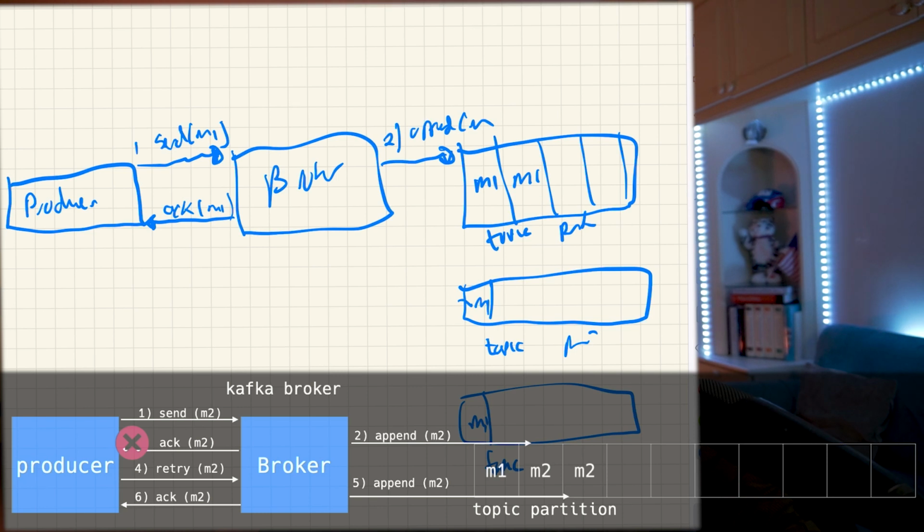In this scenario, we are sending a message M2 from the producer onto the broker. M2 gets appended after M1. For whatever reason, that acknowledgement message didn't come back. So M2, no acknowledgement message. So the producer does the retry on M2, and then eventually it appends M2, and therefore you end up with M2 appearing twice, and then the acknowledgement happens for M2.